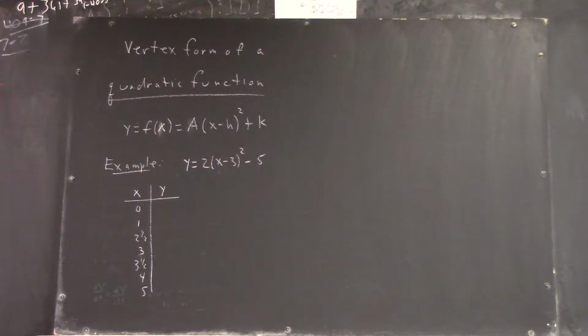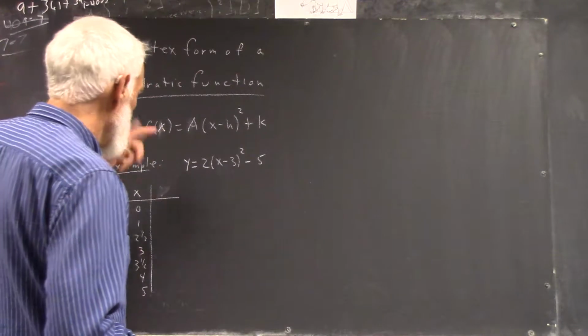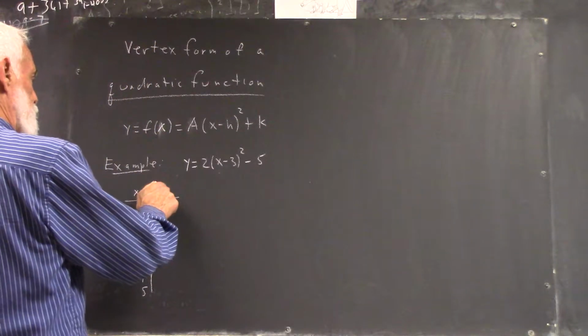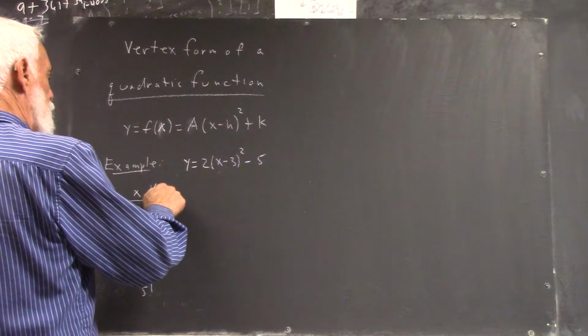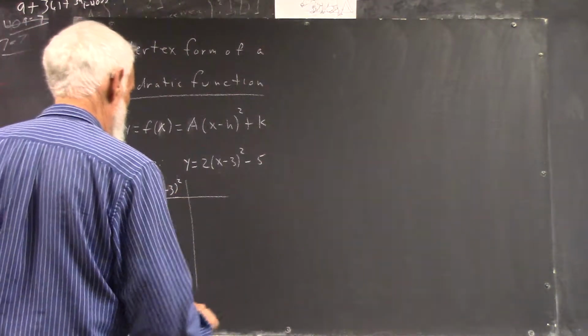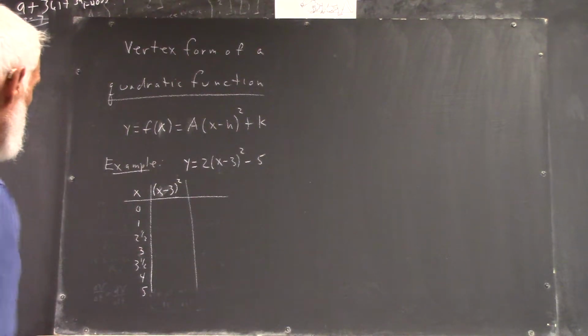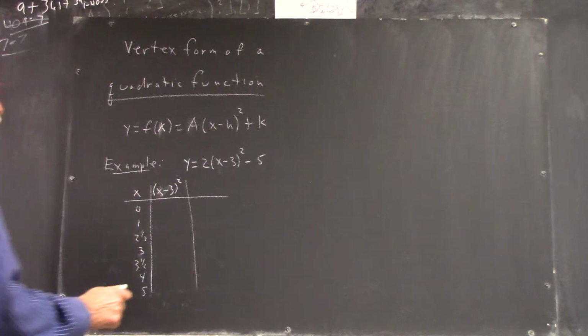Now I labeled this as y because I didn't see what I was going to do. I want to do x minus 3 squared. Well, you know what x minus 3 squared is?